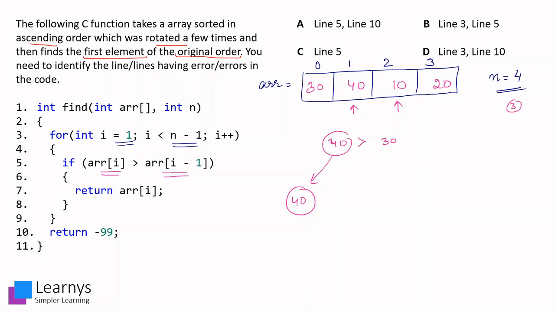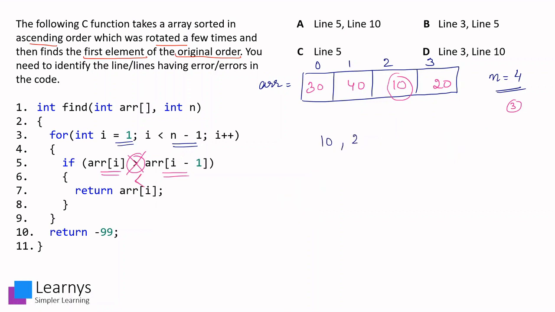Notice that we had to return 10 as the output because 10 was the first element of our original order. But even if we employ this loop in such a manner that it returns 10 for the condition, where the greater than sign has been put, we will see that 10 greater than the element just before it, that is 40, will be false. So first of all, this greater than sign should be lesser than.